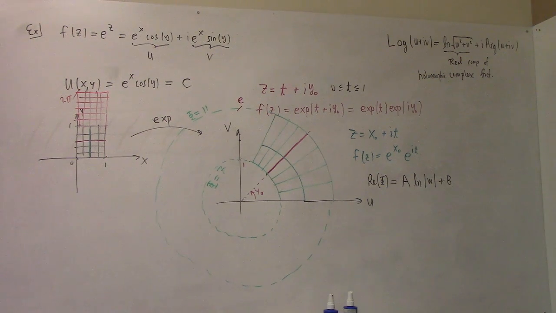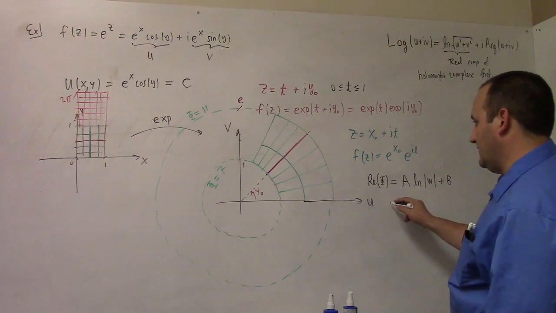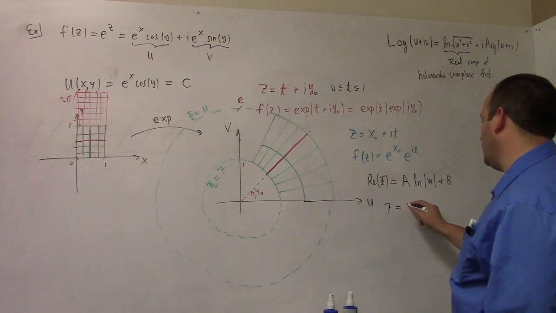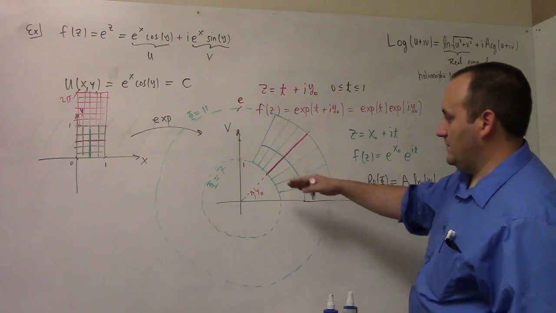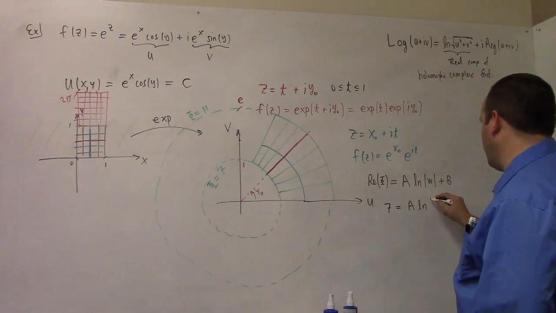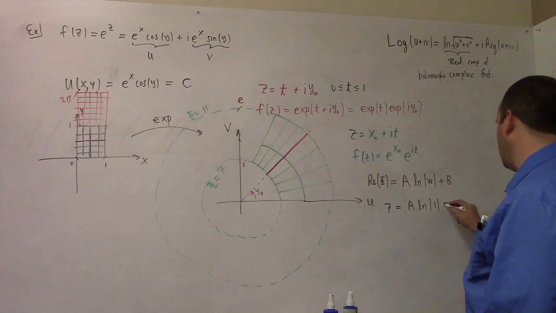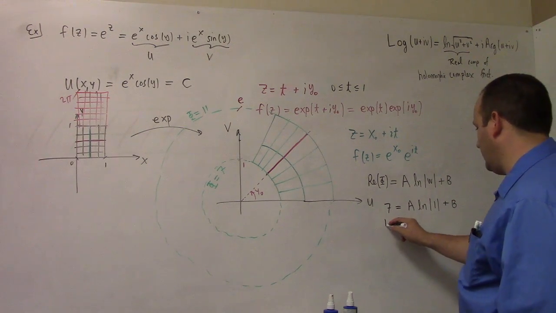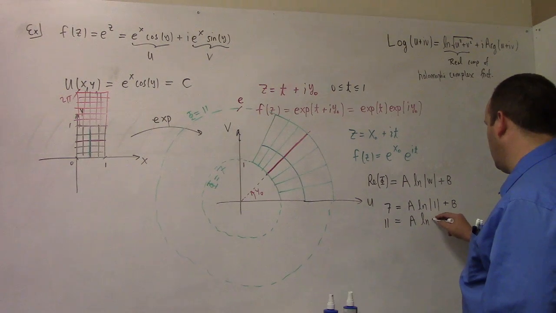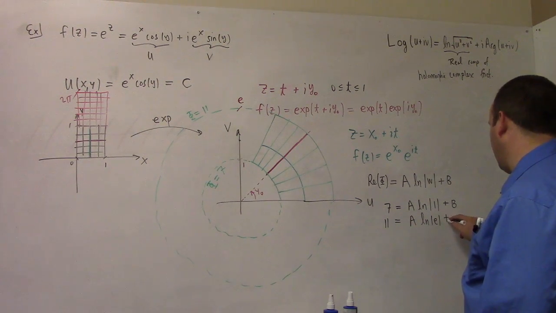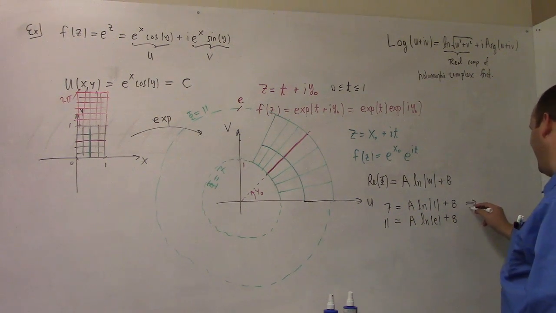So what a and b would I choose here? In other words, I want 7 equal to a times the natural log of the... oh, this is actually really nice, look at that. Check that out.